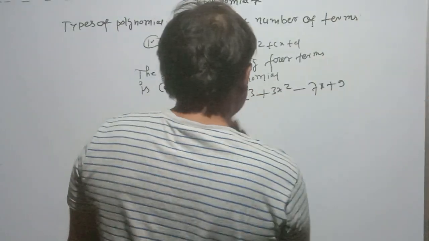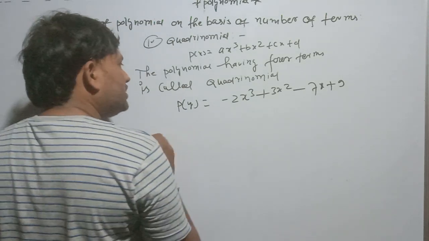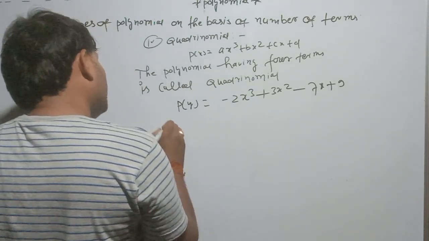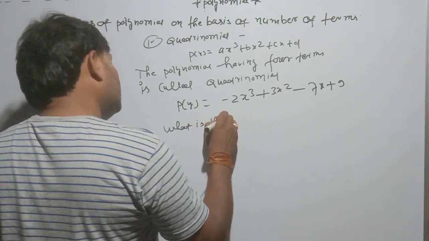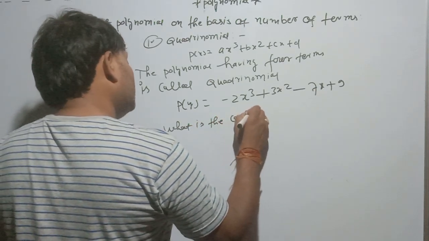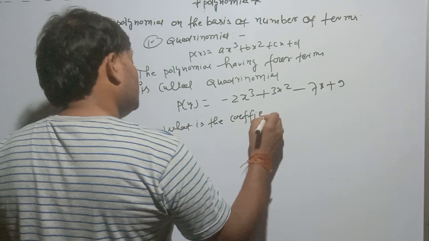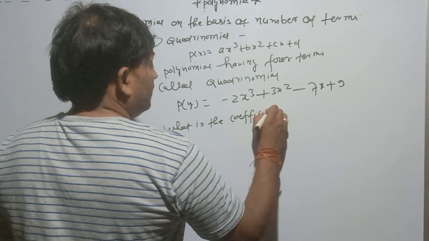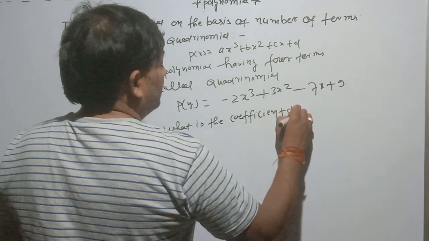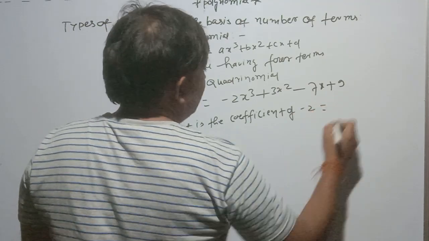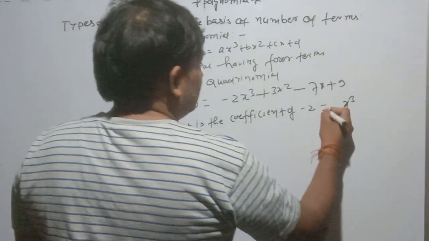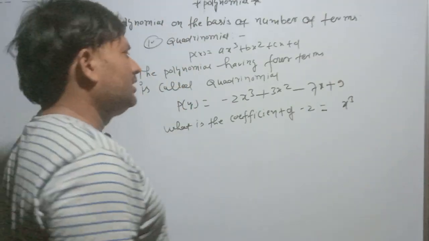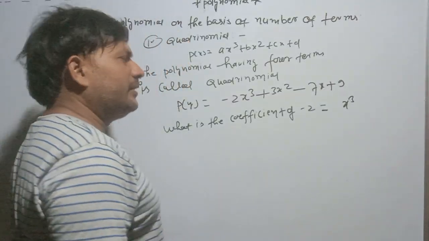If I ask you the coefficient of minus 2 in the given polynomial, what is the coefficient of minus 2? We write x cube. Here you can see that it is not necessary that only the coefficient of the variable is given.